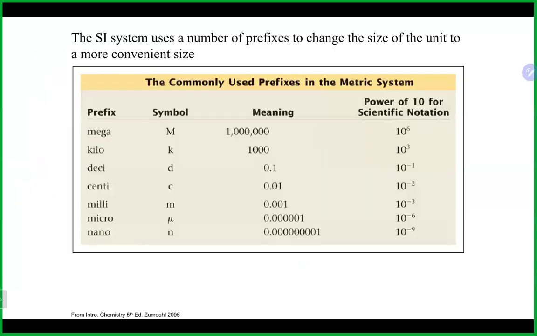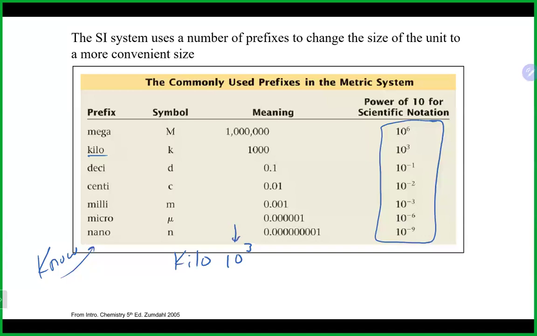All right, so we saw this a little bit earlier. So a reminder that you pretty much do, again, need to know this. Pretty much these prefixes. Remember that what we see here are essentially 1 times those numbers, like 1 times 10 to the 6 in scientific notation. Also a reminder, if we had something like kilo, which is 10 to the 3, that is basically 1 times 10 to the 3.